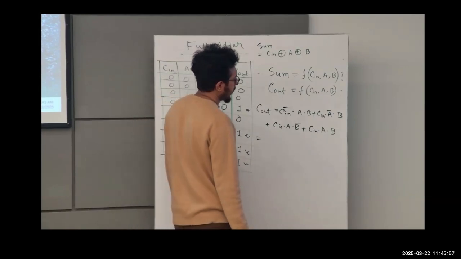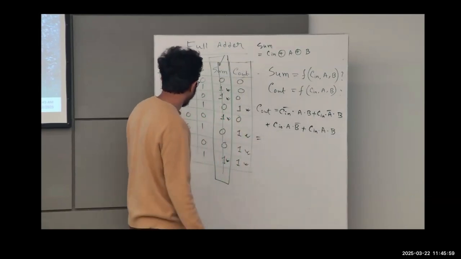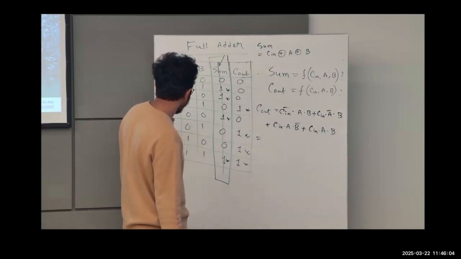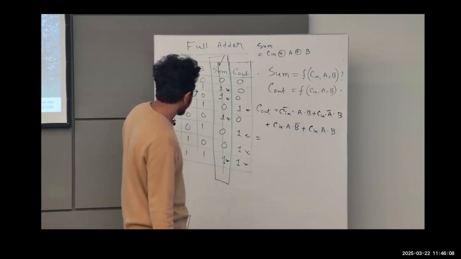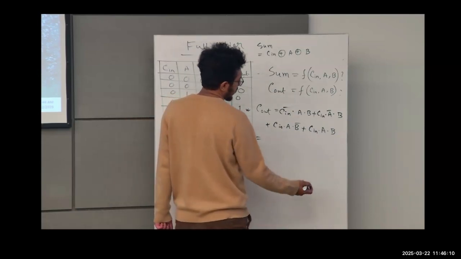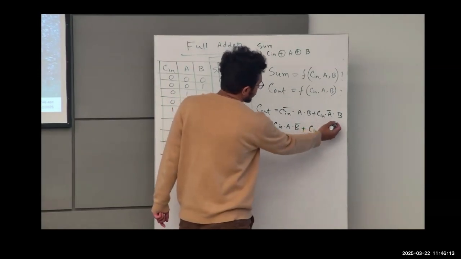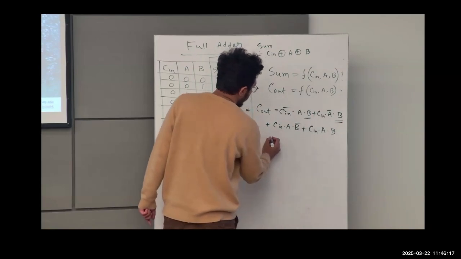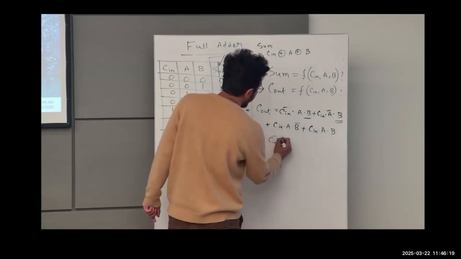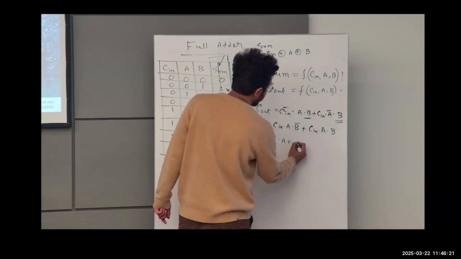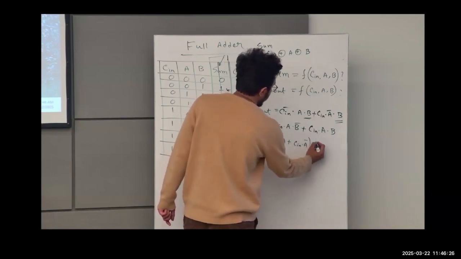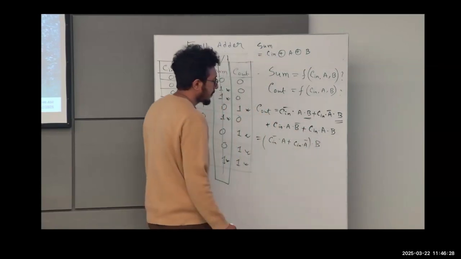Actually, we can do it in several ways. We have several options of doing it. So what we can do is take B as common. Then we have C in bar A plus C in A bar, then we have B.